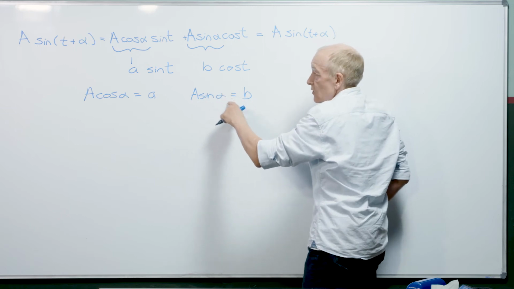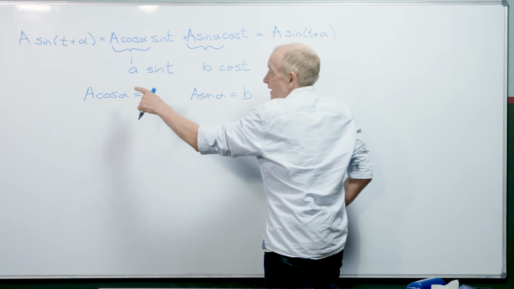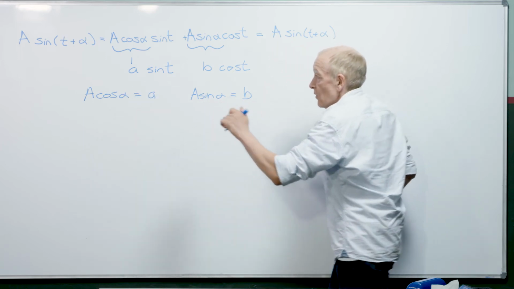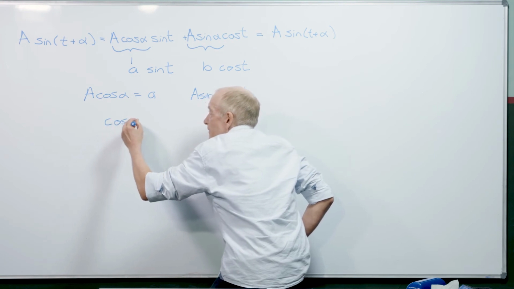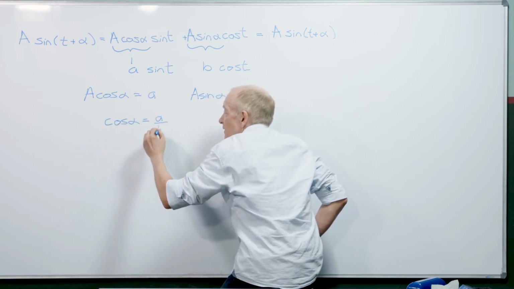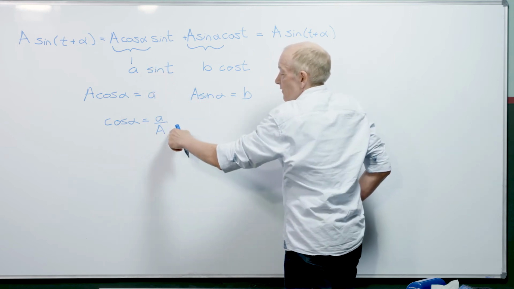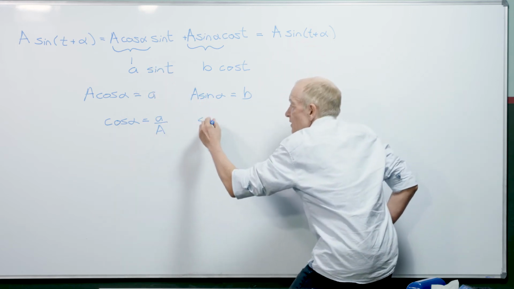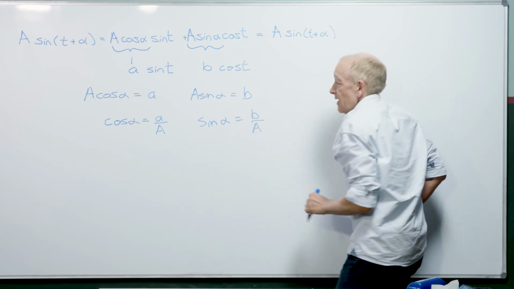We need to use these two equations to find both A and alpha. One way of doing this is to divide through by A. So this gives us that cos alpha is the thing in front of the sine divided by the amplitude, and sine alpha is the thing in front of the cos divided by the amplitude.